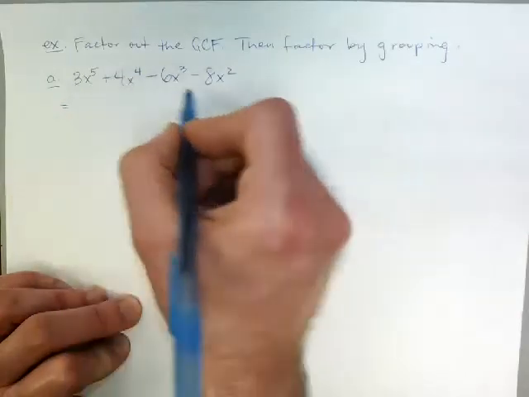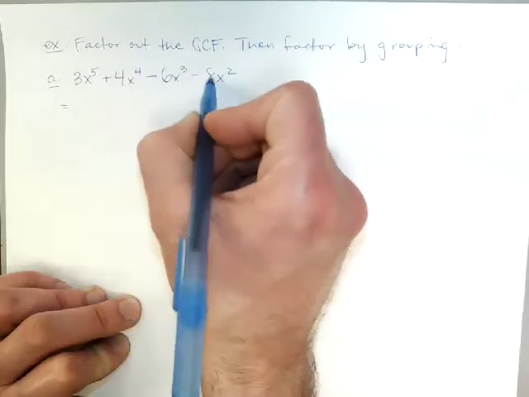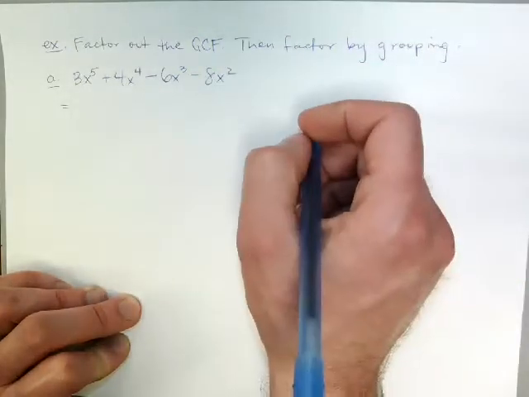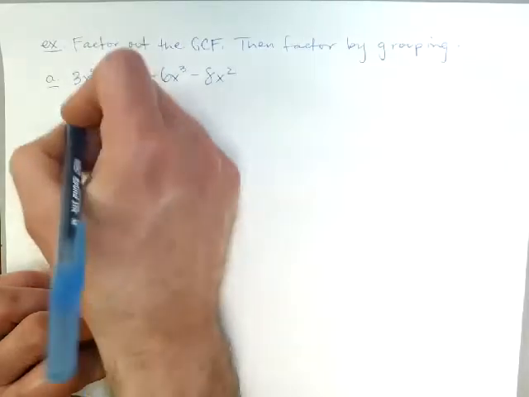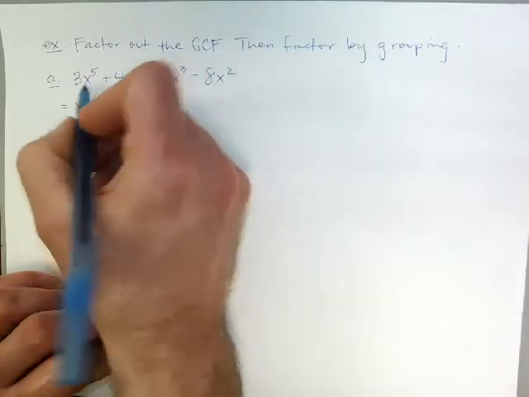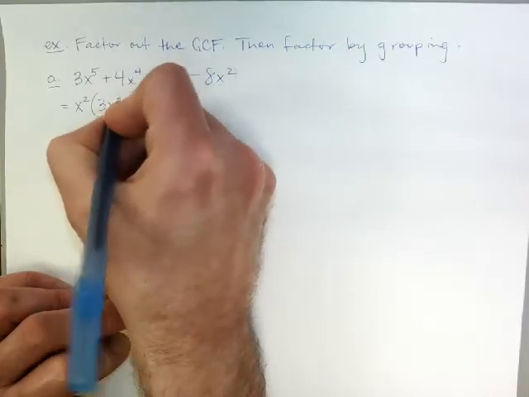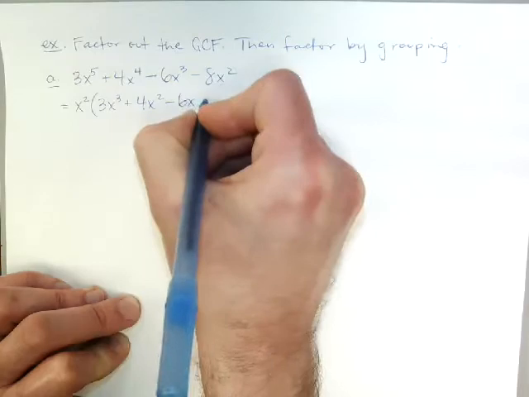No factor of 3 is going to divide 8 and vice versa, so no numbers for this one. Looks like we can get an x squared out though. So take an x squared out. What's left will be 3x cubed plus 4x squared minus 6x minus 8.